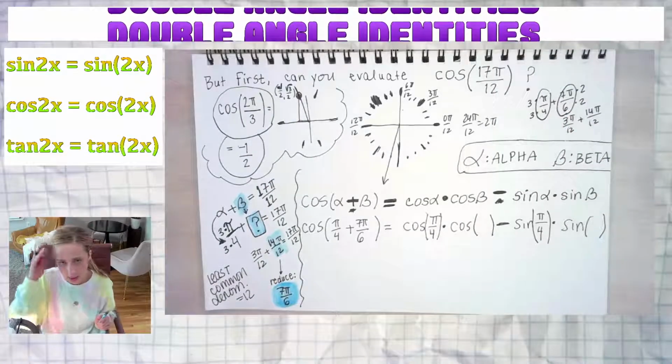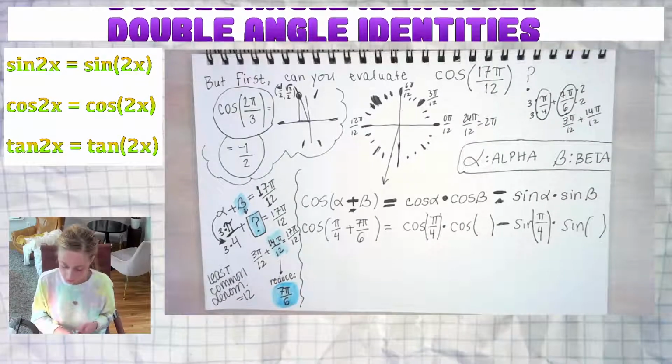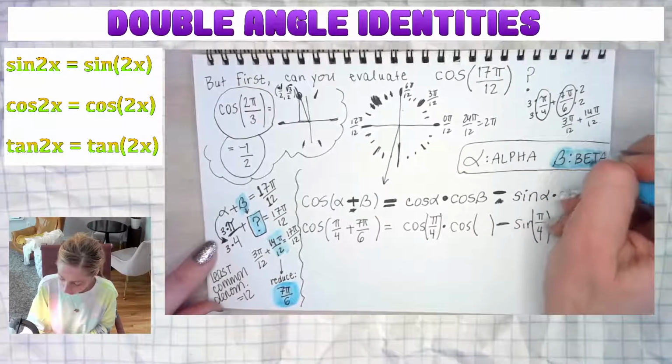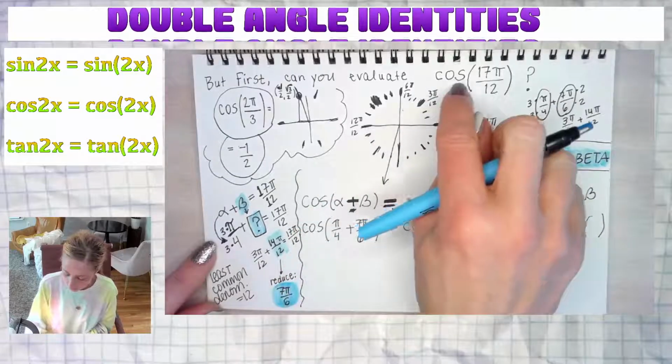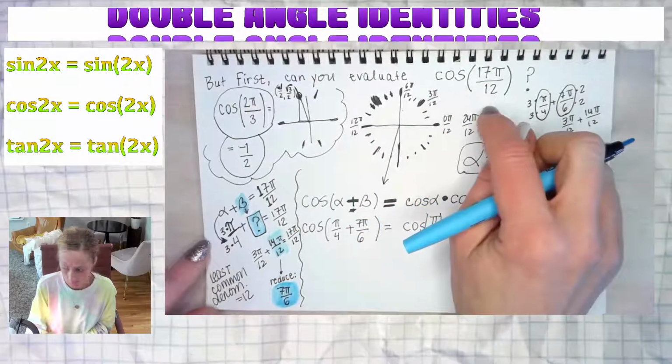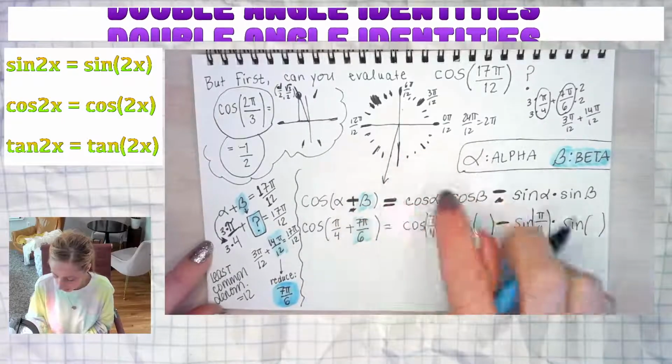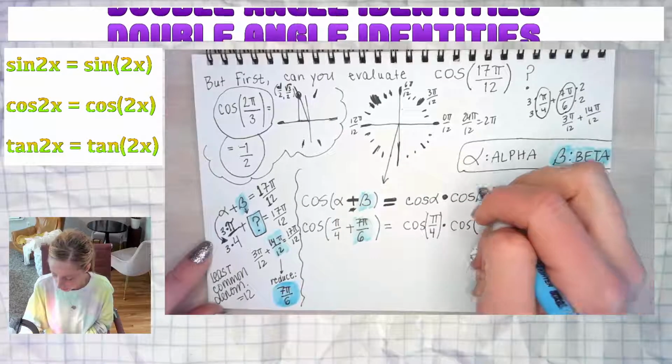Now we're happy because there are two angles that are on the unit circle and that I can figure out the answers to. So instead of doing the work for this in some magical way, all I need to do is apply this formula and just deal with the right-hand side of my equal sign.